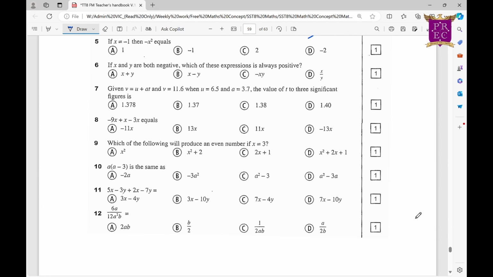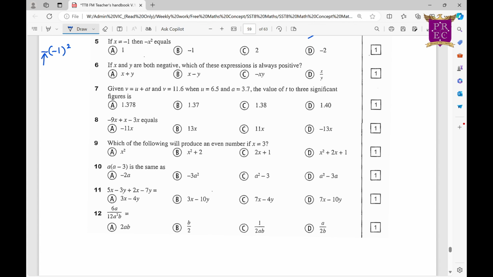Alright, now question 5 says if x equals -1, then -x squared equals. So how they want us to set this out is -1 squared, and you don't do the multiplication first. You don't multiply by negative first.